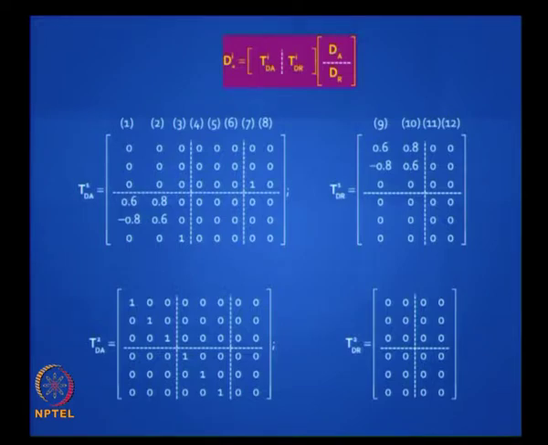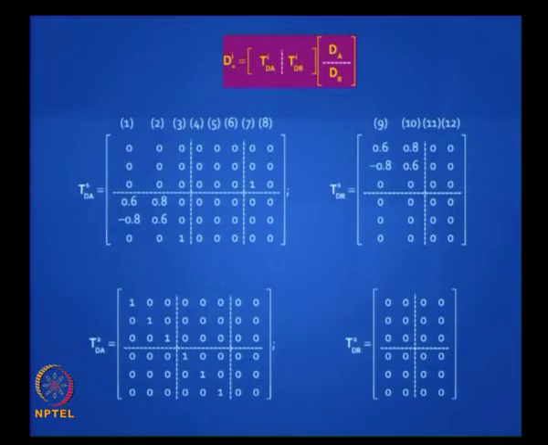So actually the TD matrix for each element will have a size 6 into 12, which you can partition into 6 into 8 for TDA, active degrees of freedom, and 6 into 4 for restrained degrees of freedom. Most of the elements in the matrix will be zeros, except where you have a degree of freedom which is active.